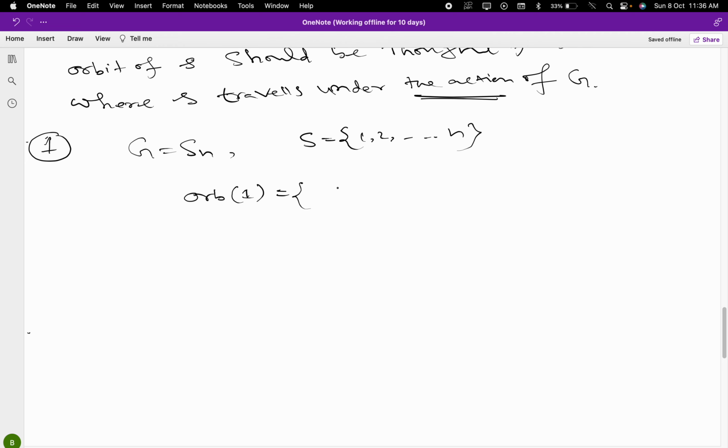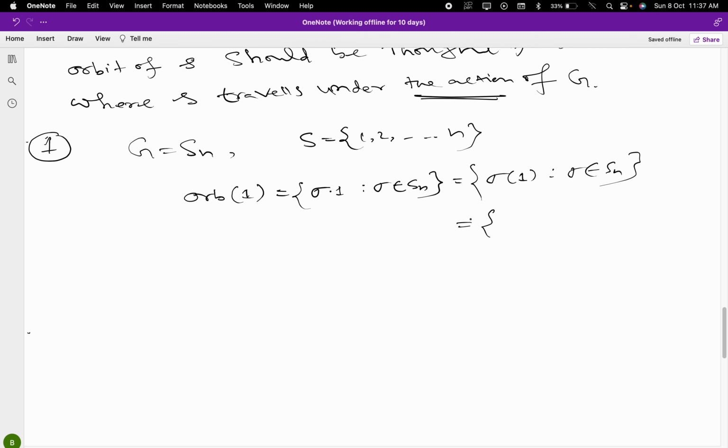By definition, it is G dot 1, where G is in Sn. Rather, take this to be sigma, so it is sigma dot 1, where sigma is in Sn.